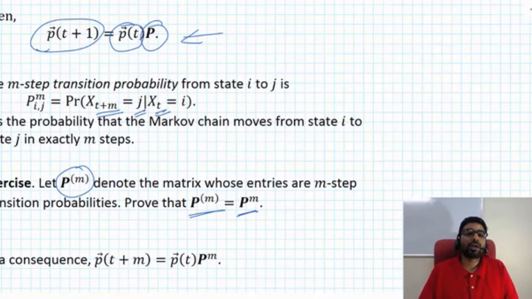So you can view these m-step transition probabilities themselves as a sort of Markov process. Notice that the key thing here is, in general, going from one state to another, and these state transition probabilities provide you the probabilities with which you go from one state to another.